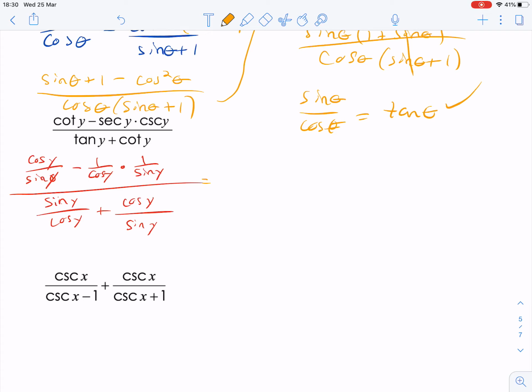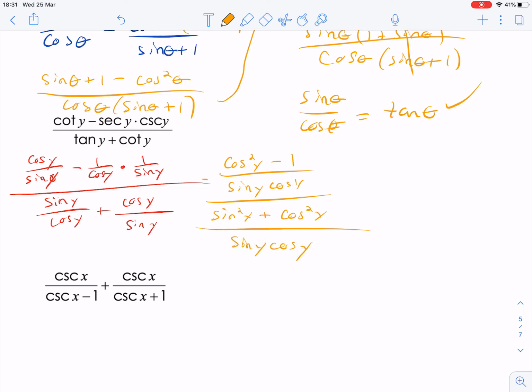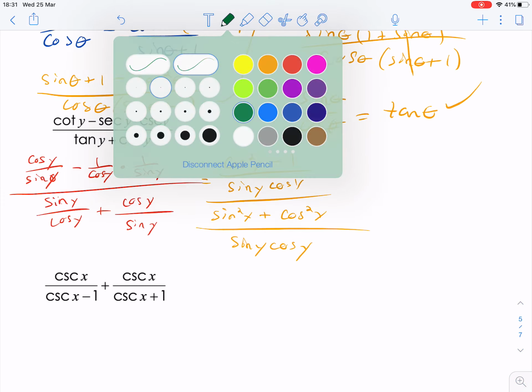So what are we missing here? We're missing a cosine over here, so we get cosine squared y minus 1 all over sine of y cosine of y, all over sine squared of y plus cosine squared of y all over sine of y cosine of y. Nice. This is a good one.